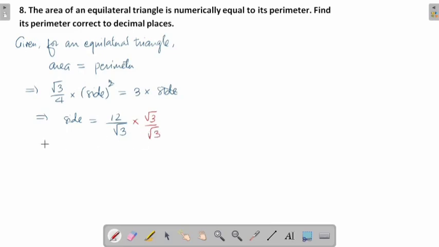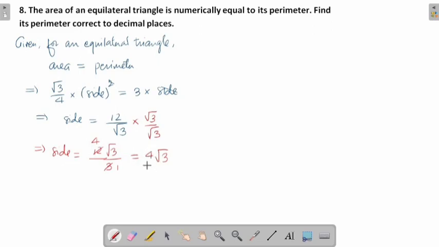So we get the value of side to be 12 into root 3, which is 12 root 3, by root 3 into root 3, which is 3. So 3 and 12 get cancelled, and your side turns out to be 4 root 3. Is that clear, everyone? So the value of side is 4 root 3.